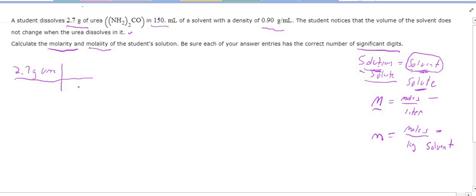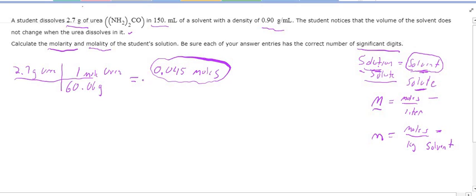I know, as I looked that up, that there are 60.06 grams in 1 mole of urea. So it's a very quick and short conversion here. If I do that math, I know that there are 0.045 moles of urea that I have right here.